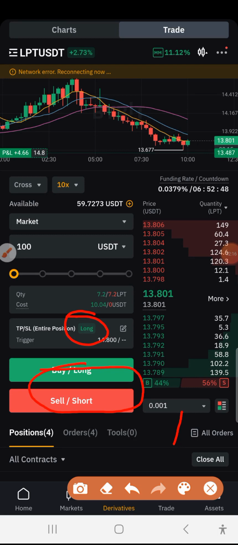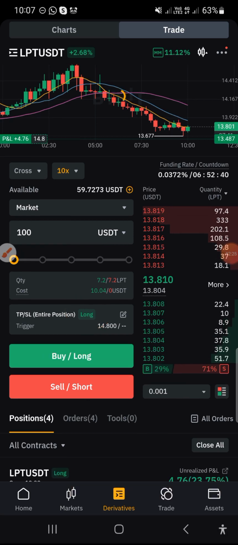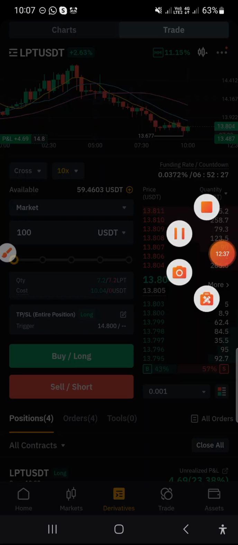it simply means that when the price goes down, for instance, if the market price at this point is 13.8, and the price goes down to maybe 13.7, you are going to take profit.